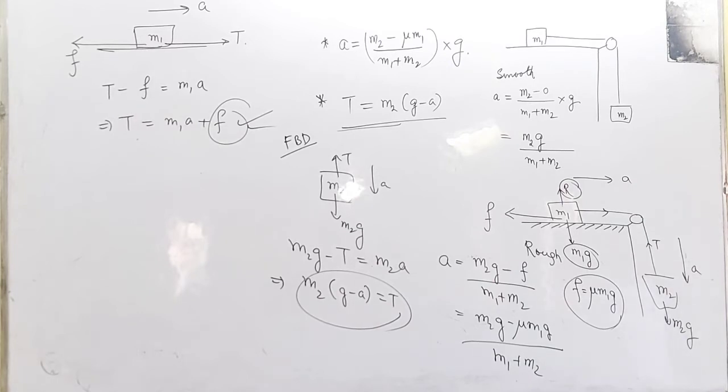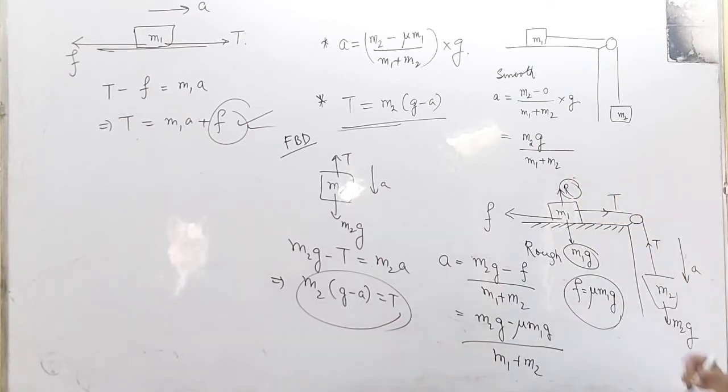The body M1 is about to move to the right. What is the force that would be responsible for producing motion to M1?